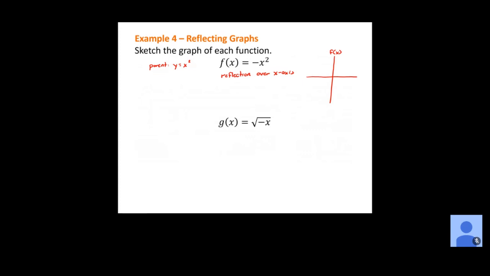So in this case, we're still going to start at the origin. That point's not going to change. But now instead of having a parabola that opens up, we're going to have a parabola that opens down instead. And so that would be our graph of negative x squared. Questions on that one?